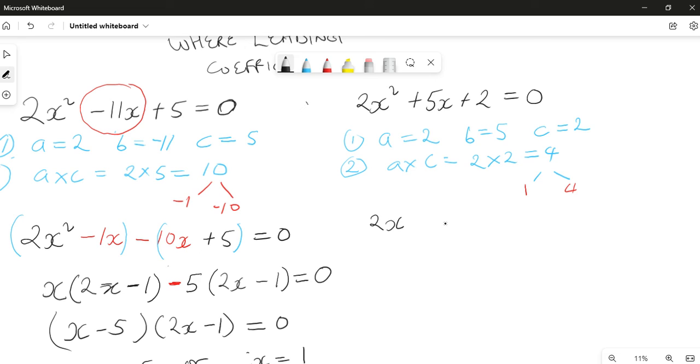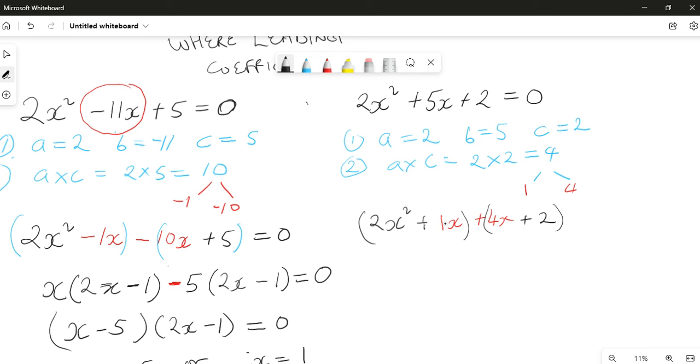So it's 2x squared plus 1x plus 4x plus 2.